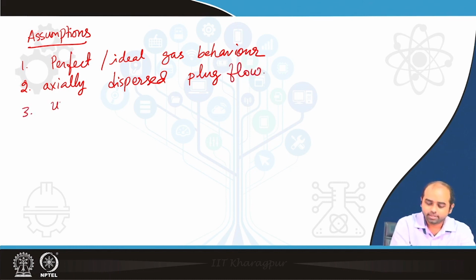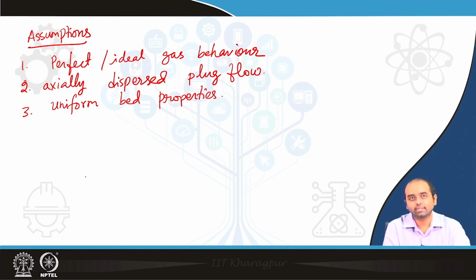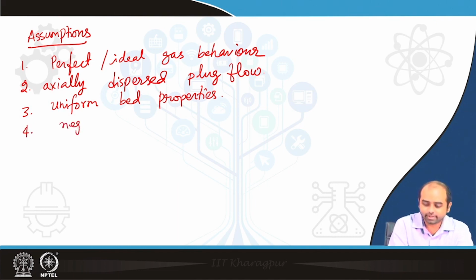Next is uniform bed properties, which is generally the case, and we do not want any characteristic difference in the adsorbent particles at different layers of the bed. So, the bed has uniform sized particles as well as uniform properties. There is no multi-layer arrangement in the bed, and there are negligible radial gradients.